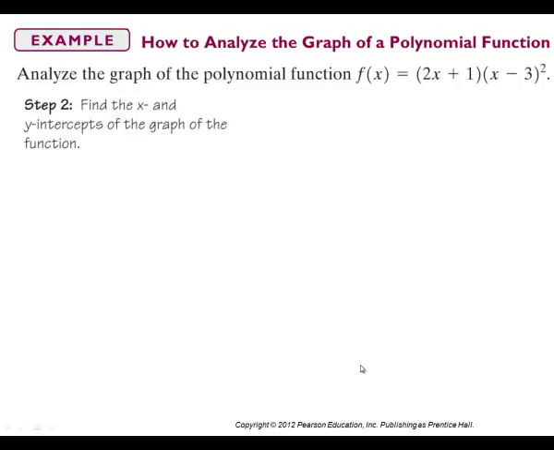Okay, find the x and the y-intercepts. So basically we just take what's in the parentheses and set them equal to 0, and we're going to get negative 1/2 and positive 3. Now for the y-intercept, you put 0 in for x. So this will be 1 times negative 3 squared.